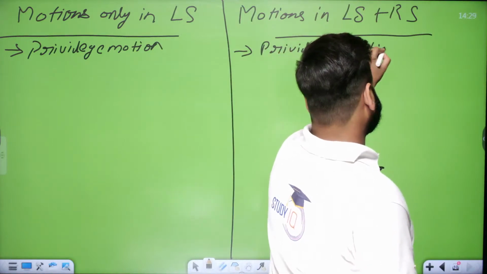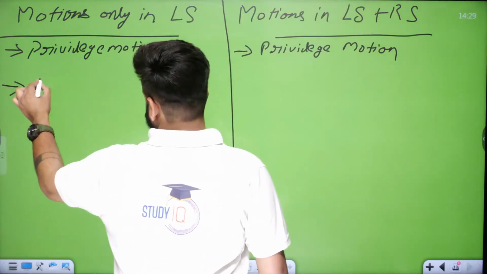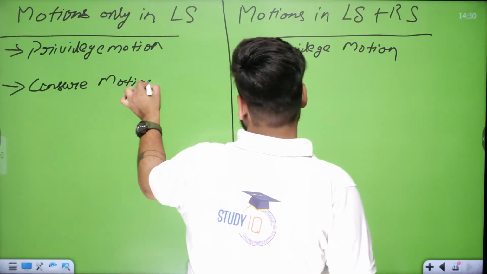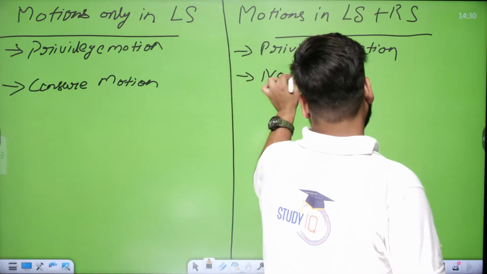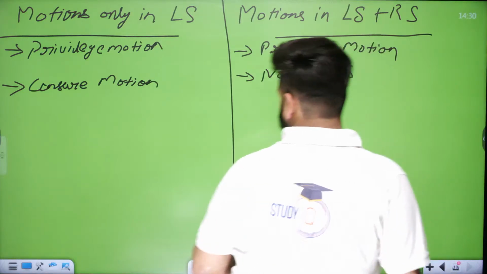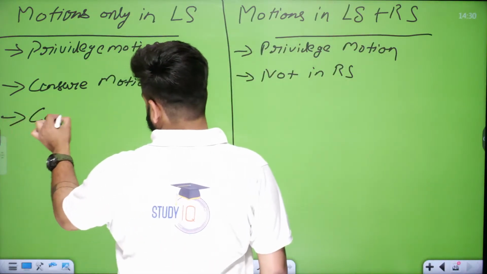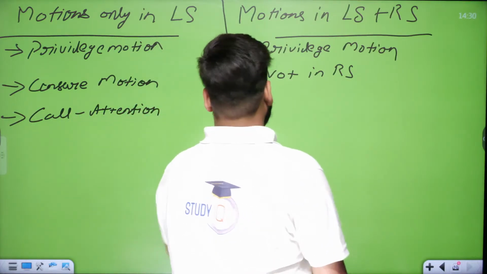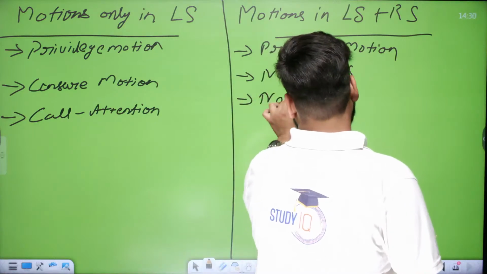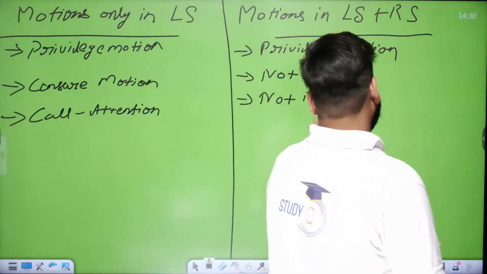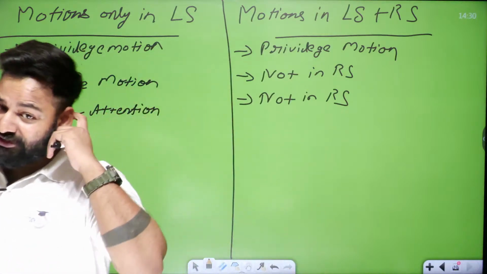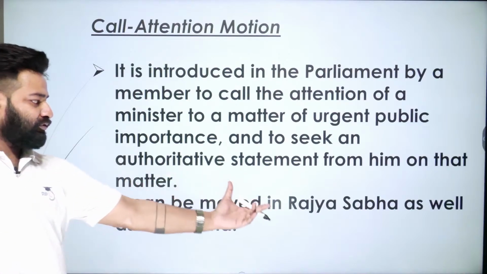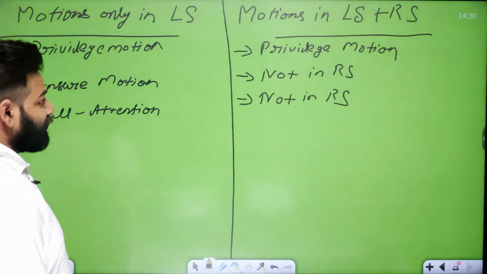Second, we have the censure motion. Censure motion is available in Lok Sabha, not in Rajya Sabha. Then we have the call attention or calling attention motion. It is present in Lok Sabha as well as Rajya Sabha. So just make this differentiating chart.